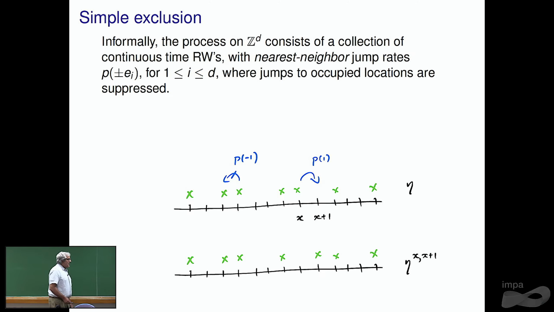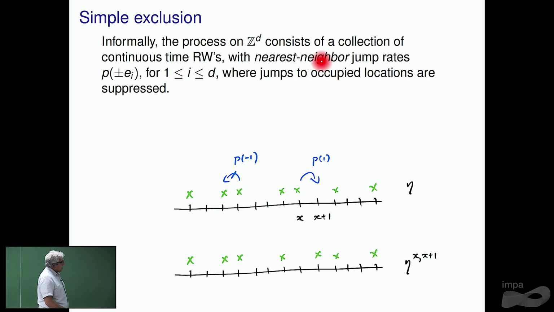Just to remind you from last time, we have a lattice, let's call it Z^d, and there are random walks on the lattice. This is just a one-dimensional version of it. Each particle has its own exponential clock. When the clock rings, it tries to jump.